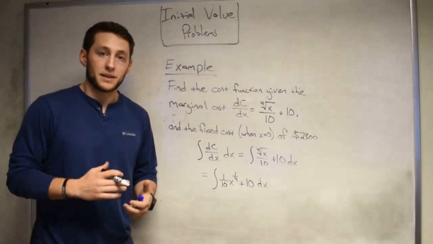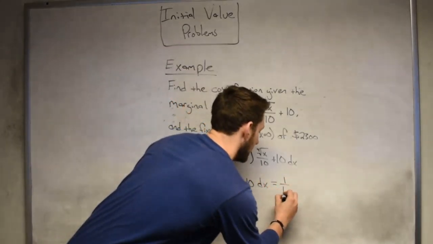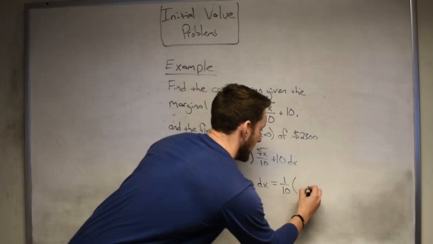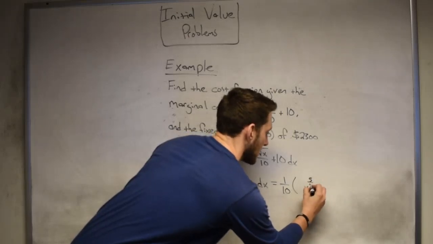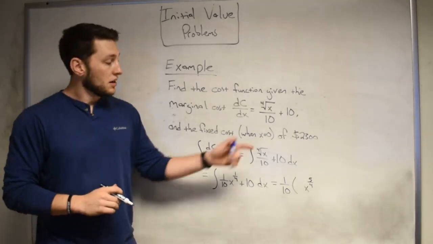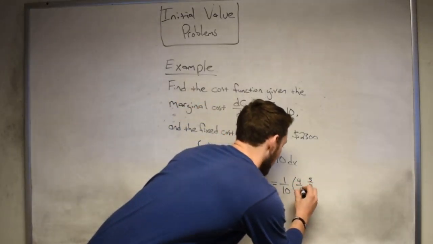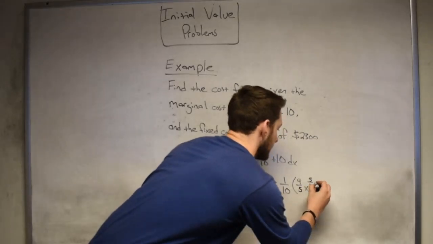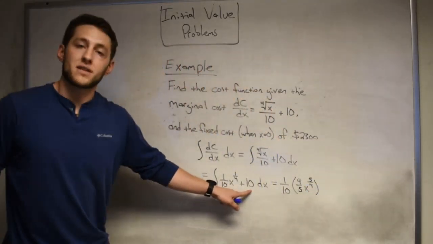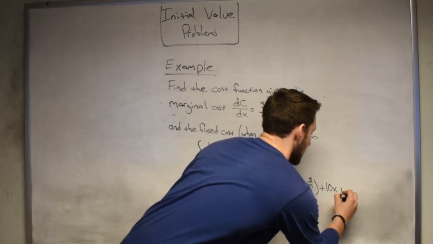Now, to actually carry out the anti-differentiation, remember that you add 1 to the power, so we get x to the 5/4 this time, and divide by the power you landed on. 1 divided by 5/4 is going to be 4/5. We still have that plus 10, so don't forget the plus 10x.